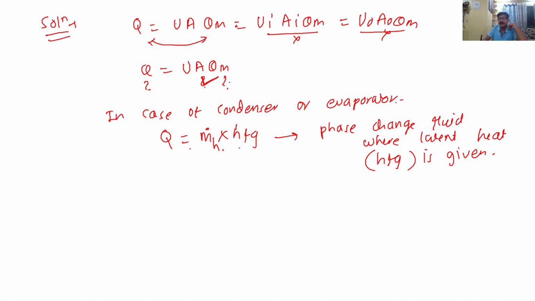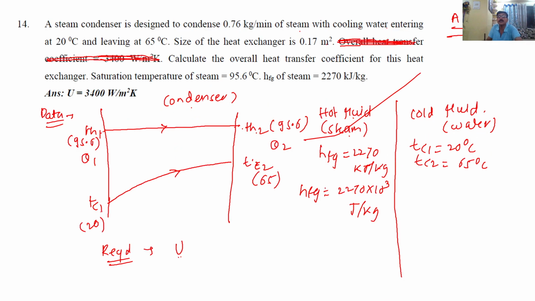Remember, in the case of an evaporator, the cold fluid is changing the phase. So in that case the formula of Q becomes m dot c HFZ. But in this case the hot fluid is changing the phase because this problem belongs to a condenser. That's why m dot h comes into the picture. Okay, so first I will calculate Q. Q is equal to m dot h. What is that m dot h?